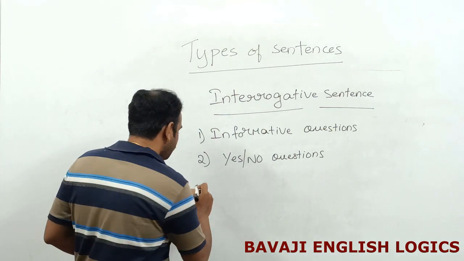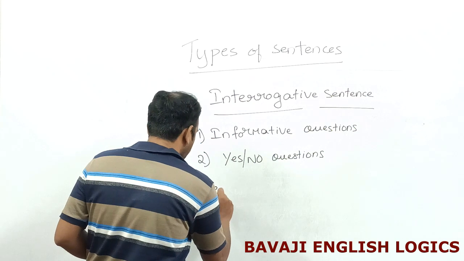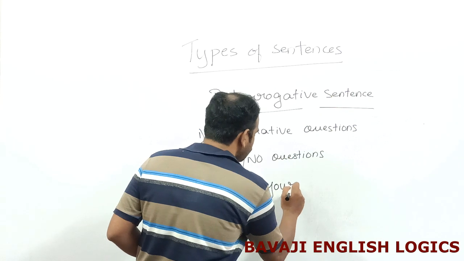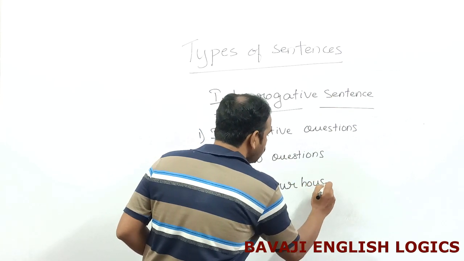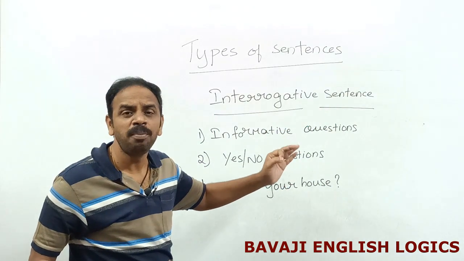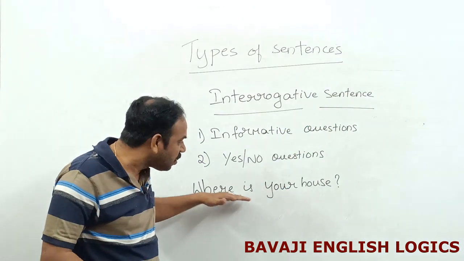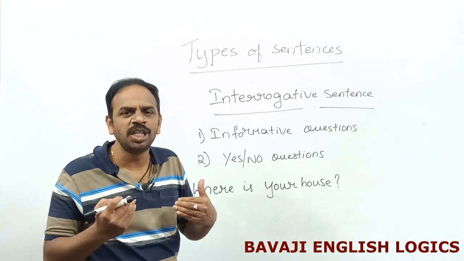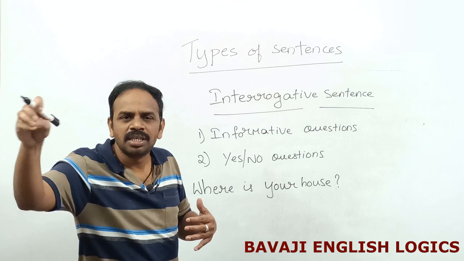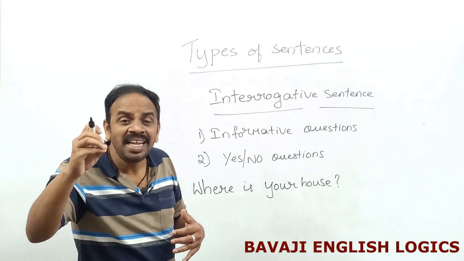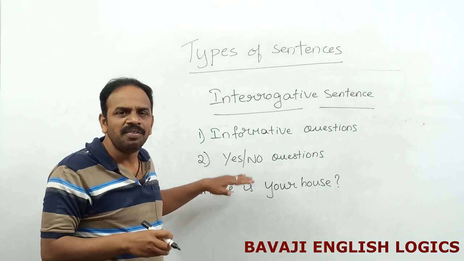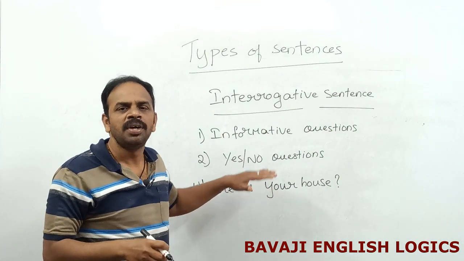For example, where is your house? This question has to be answered with information: my house is located at Gandhi Nagar. That is why we call this an informative question.